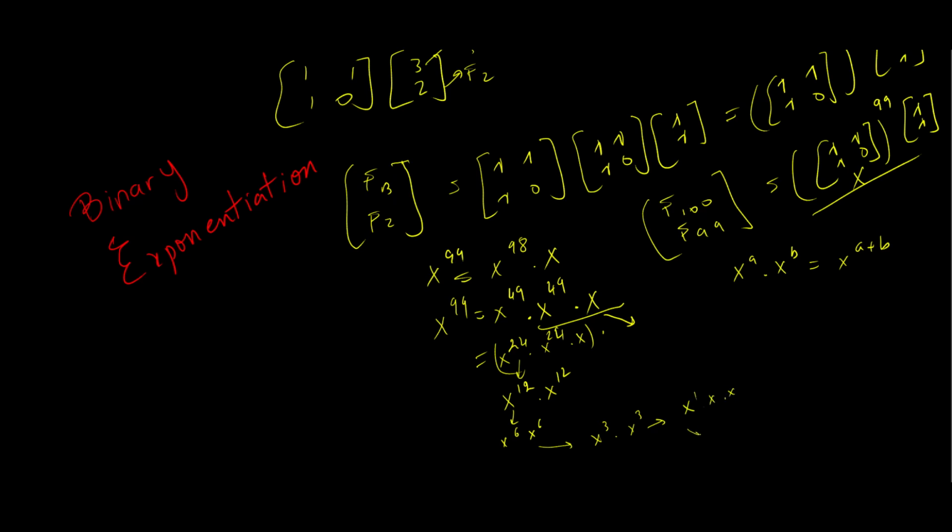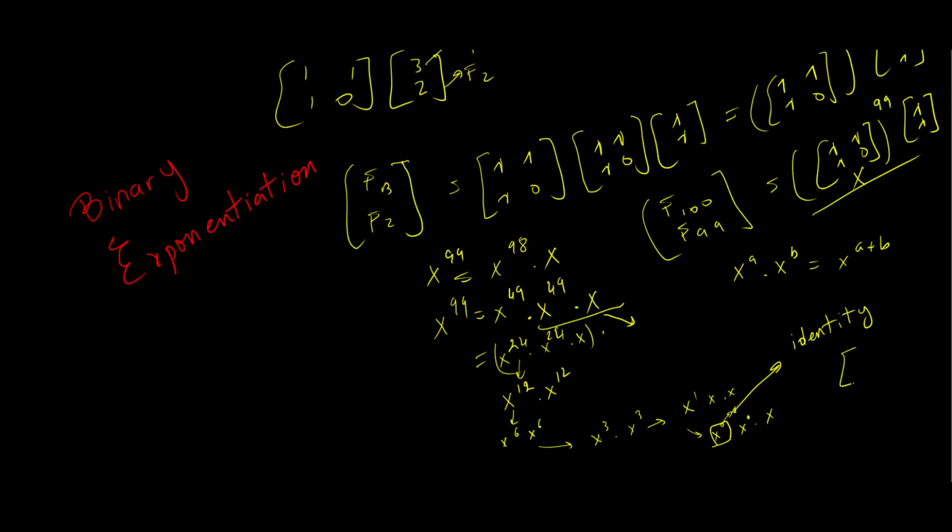Then this will be equal to x times x times x. And finally x raised to the 1st will be equal to x raised to the 0 times x raised to the 0 times x. So we know that anything raised to the 0 is equal to 1, but more precisely it is equal to the identity. But what is the identity here?